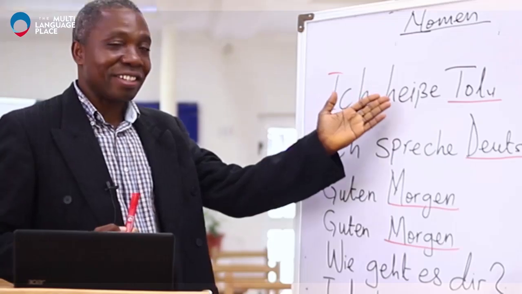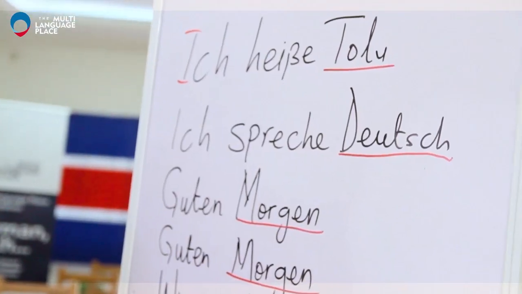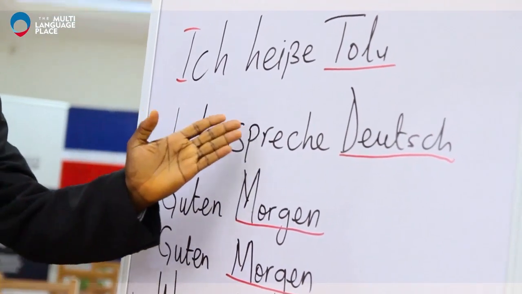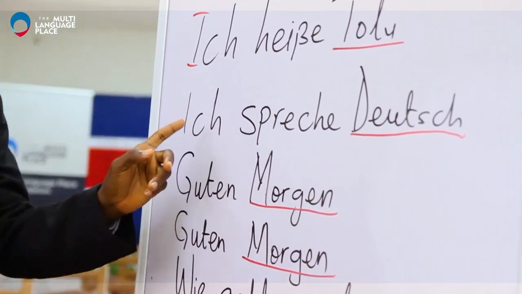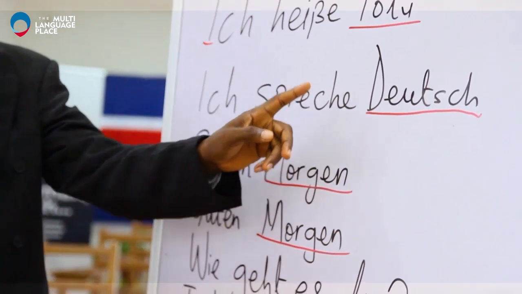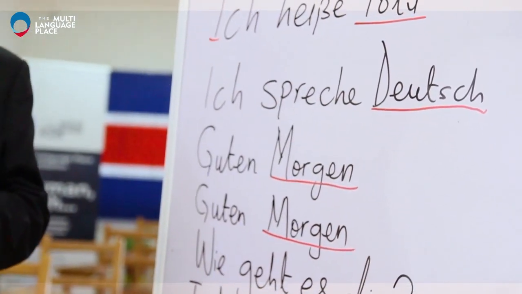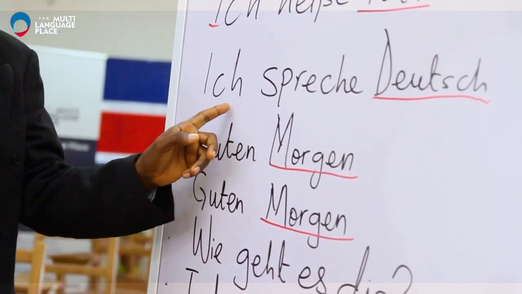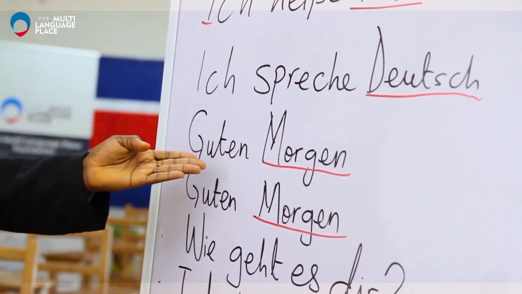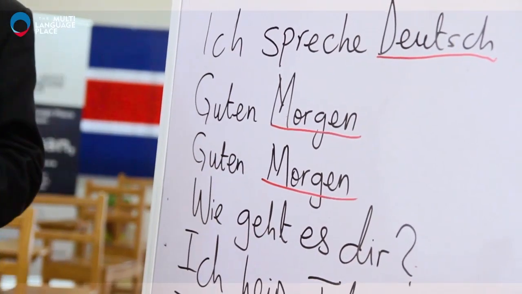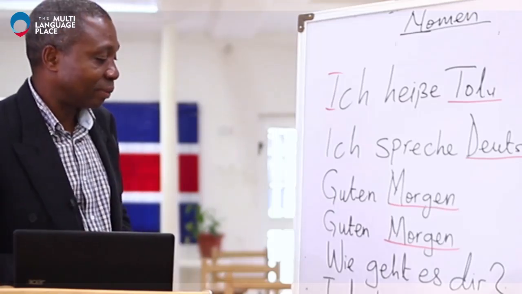Ich heiße Tolu. Ich spreche, this word here, spreche. Ich spreche Deutsch. Ich spreche Deutsch. Guten Morgen. We're familiar with that. Say it. Guten Morgen.